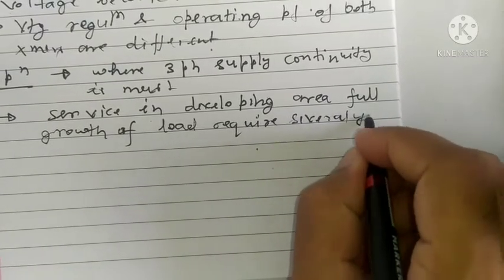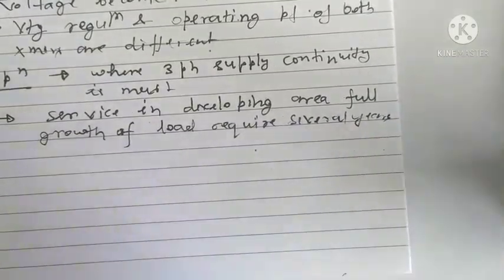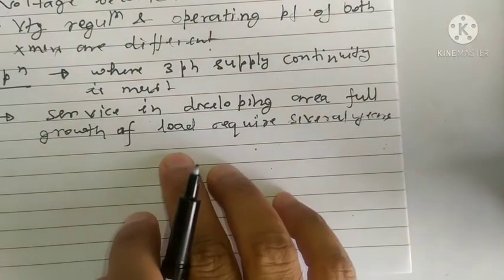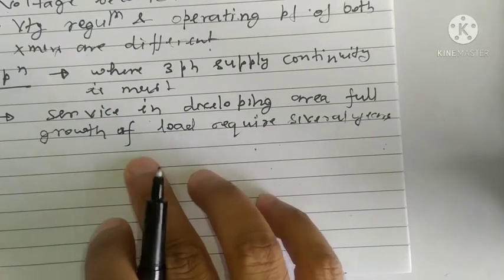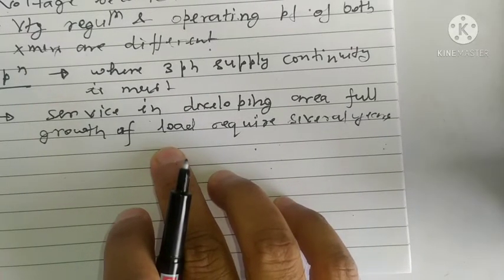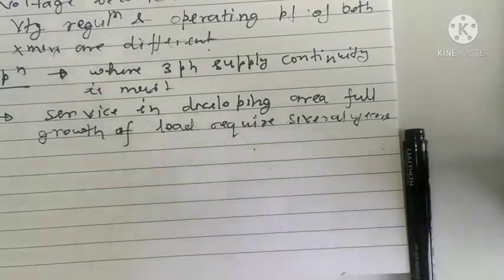So we will use two transformers at the start, in the beginning, to supply three-phase supply, and when the load increases over several years, we will put in another transformer and connect them in delta to meet the requirement. So that's all about the V connection or open delta connection.